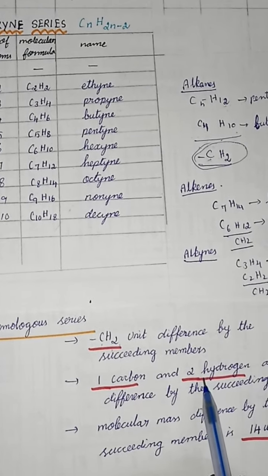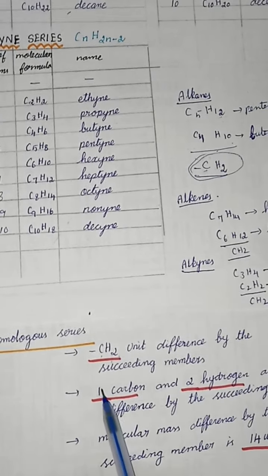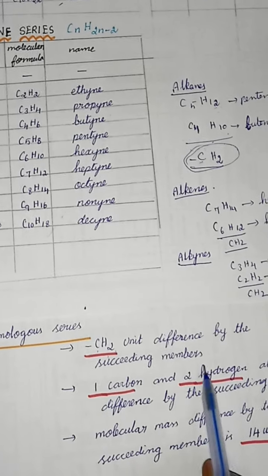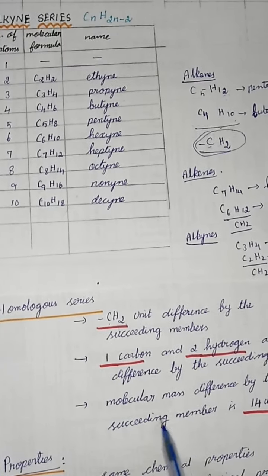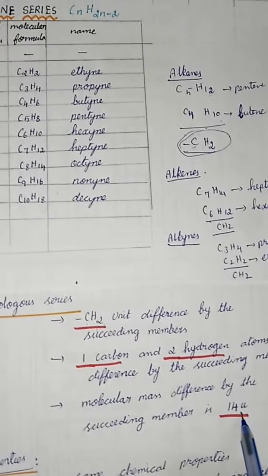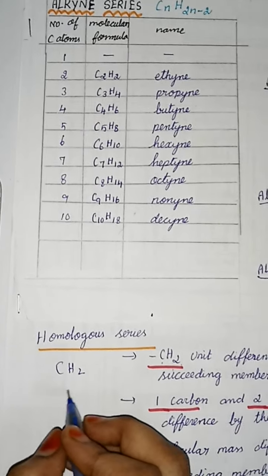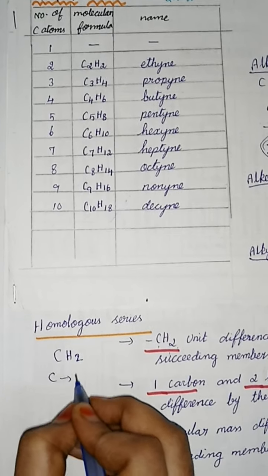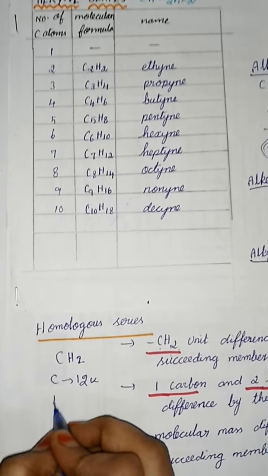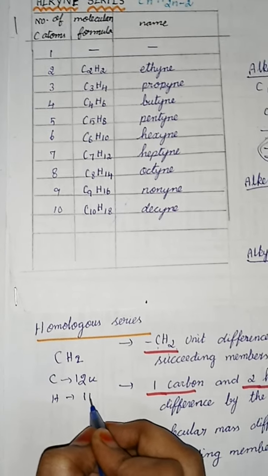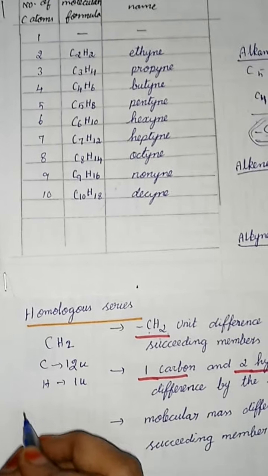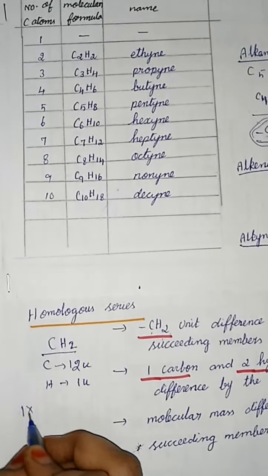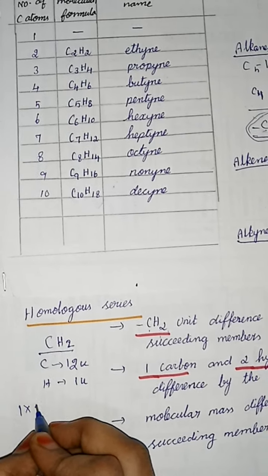Mass-wise, they differ by 14 u. For example, in the CH2 group, the carbon mass is 12 u and the hydrogen mass is 1 u. In the CH2 group, one carbon is there, so one carbon is 12.